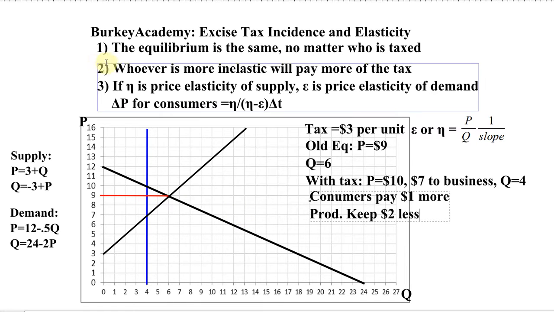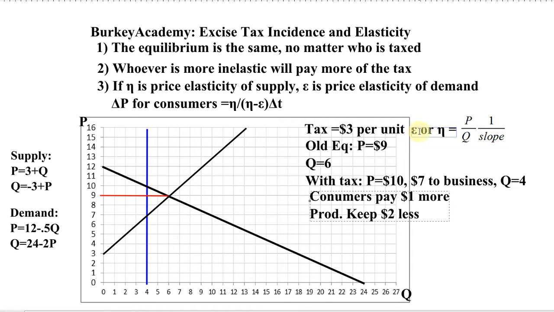Now, item 2 here says whoever is more inelastic will pay more of the tax. So, how can you tell who's more inelastic? Well, elasticity is not the same thing as slope. But when you have a straight line demand or straight line supply curve, the elasticity is going to be related to the slope. And here's the formula right here.